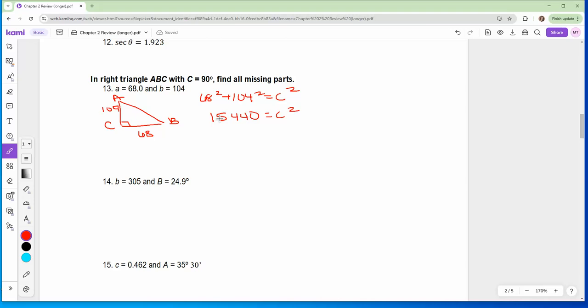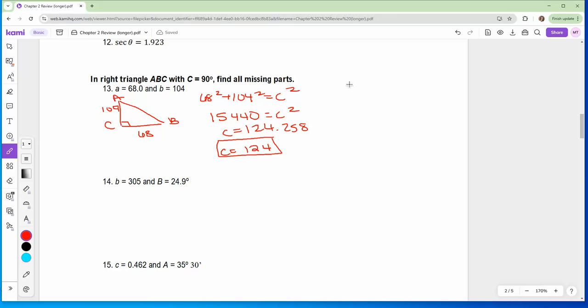And let's just match significant digits on this. So that comes out to be 124.258, or with significant digits, we had 3 given in the problem, so that would be 124. The angles, we could do a trig function from angle A.